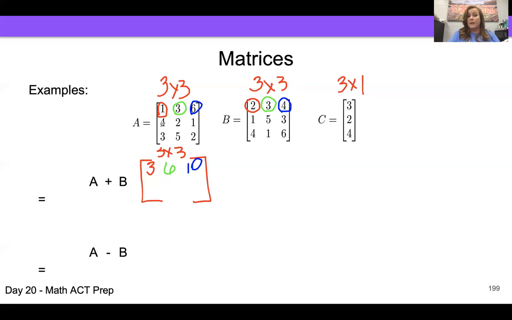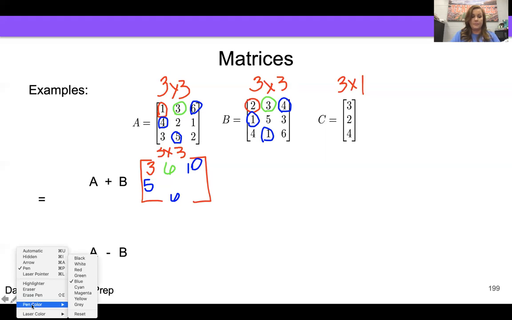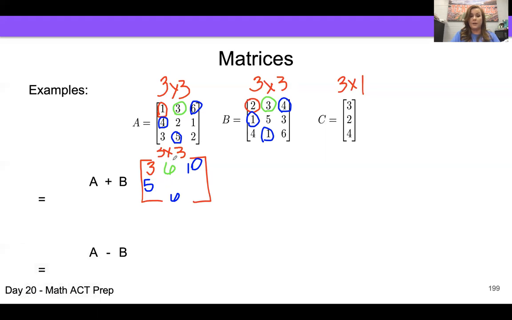Okay. Now we've got row 2, column 1. Add those together. We get 5. I'm going to try to not change pens here. 6. So we're not sitting here all day. Row 2, column 2. 2 plus 5 gives me 7.